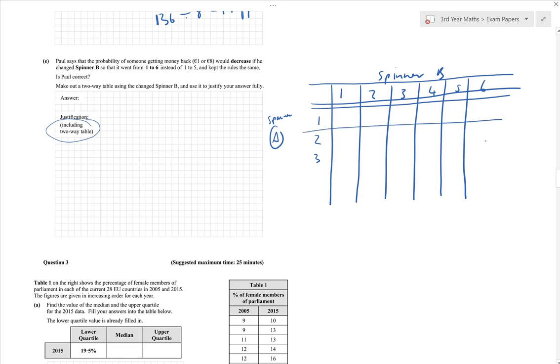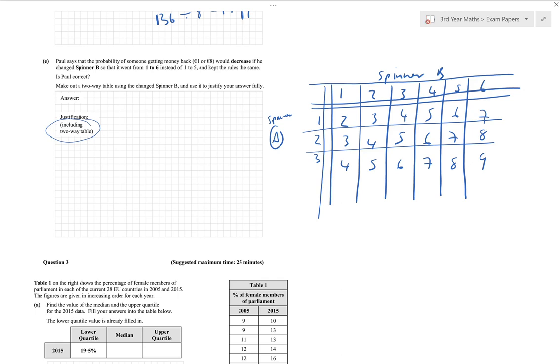Okay. So we're going to add the amount of outcomes. That gives you 2, 3, 4, 3, 4, 5, 4, 5, 6, 5, 6, 7, 6, 7, 8, and 7, 8, 9. So the question says the probability of someone getting their money back would decrease if this new game was played.